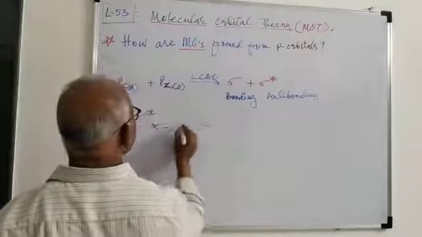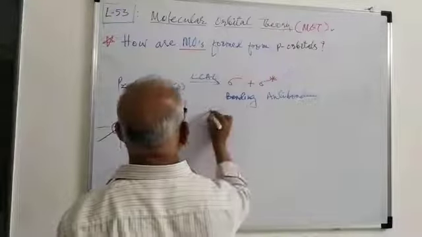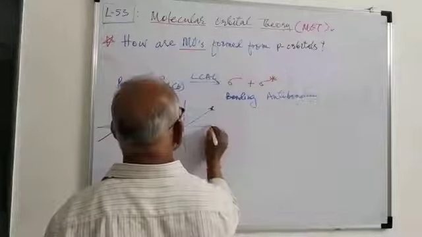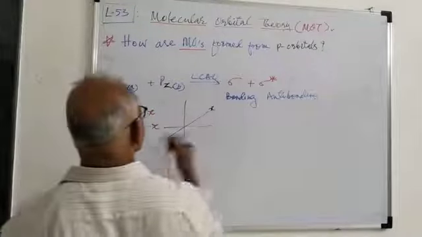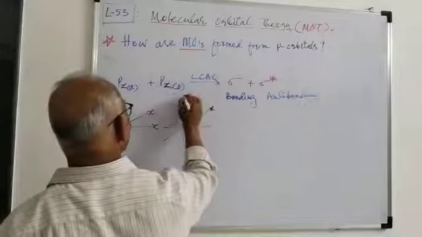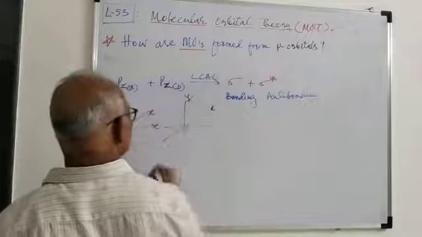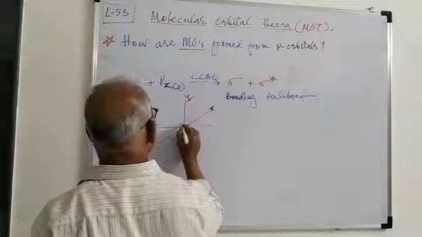This is also the z axis, this is the y axis, and this is the x axis. We will show again the atomic orbitals.